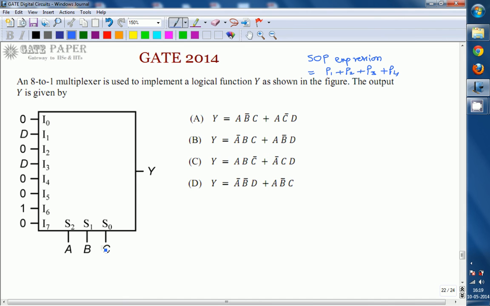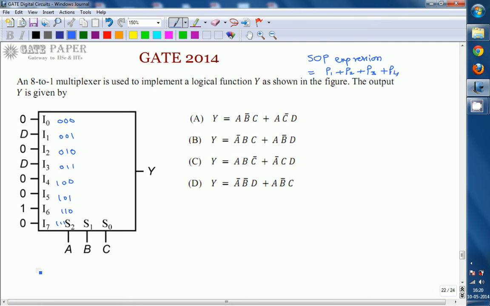So ABC 0 0 0 has decimal value 0, and 0 1 0 is 2. So first write those: 0 0 0, 0 0 1, 0 1 0, 0 1 1, 1 0 0, 1 0 1, 1 1 0, 1 1 1. These are the equivalent binary values for the lines.